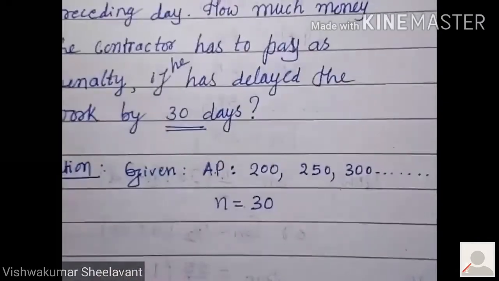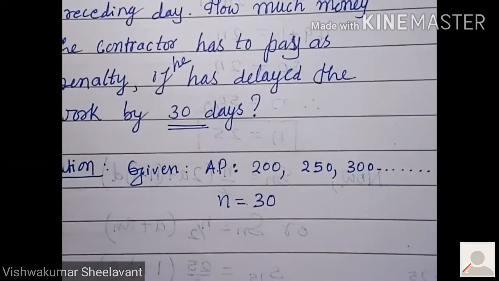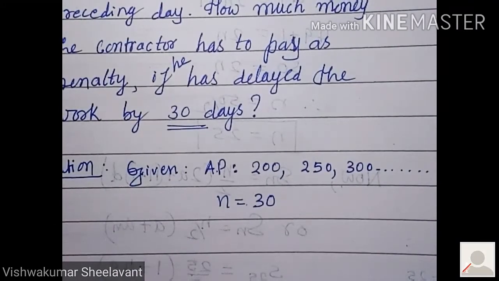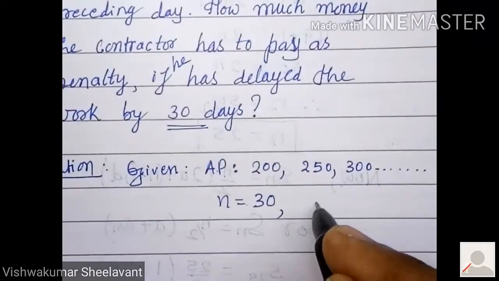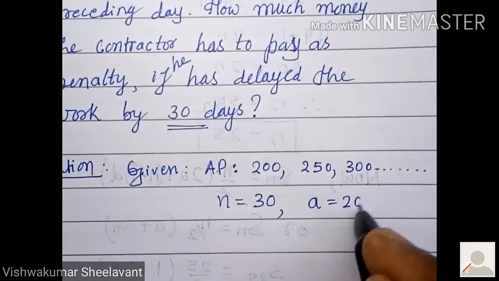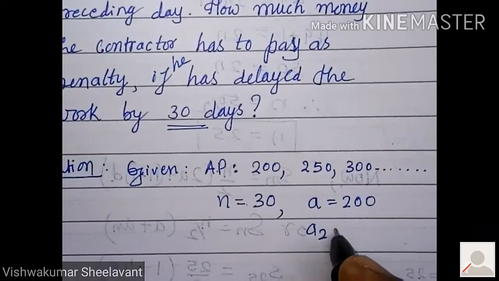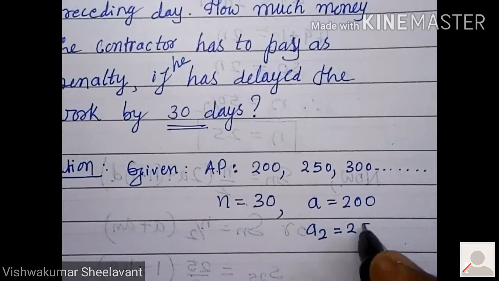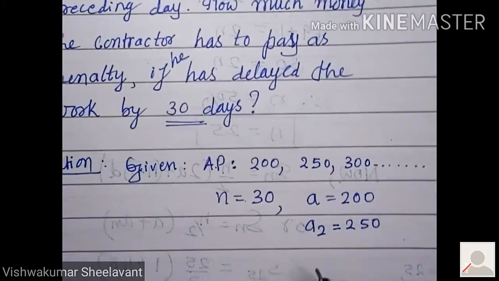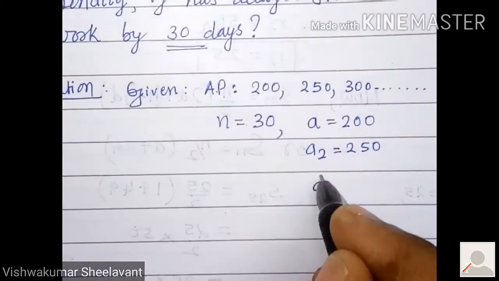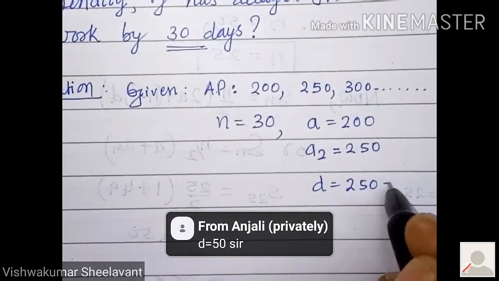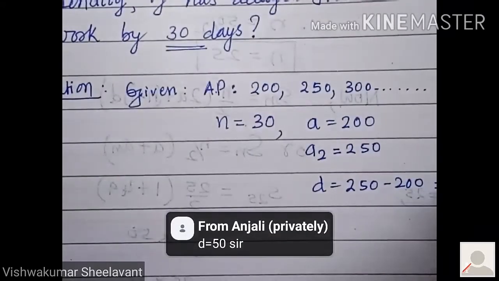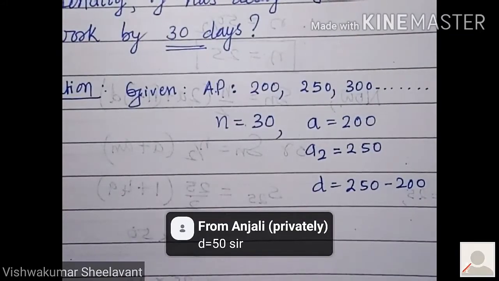Because contractor may delay by 30 days. In that case, how much will be the penalty you have to calculate? What is a? 200. What is a2? 250. What is d? 250 minus 200. That is equal to 50. Yes, good.